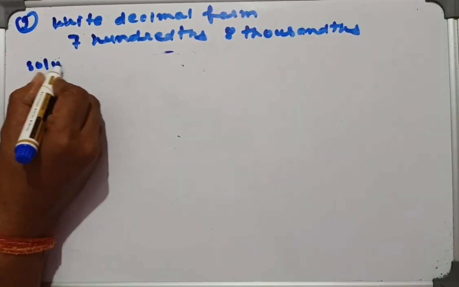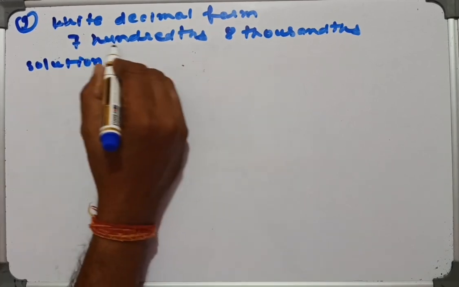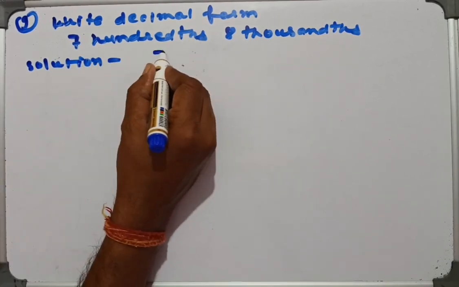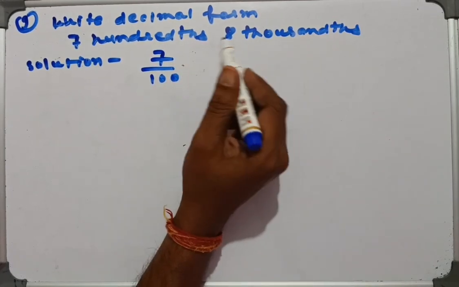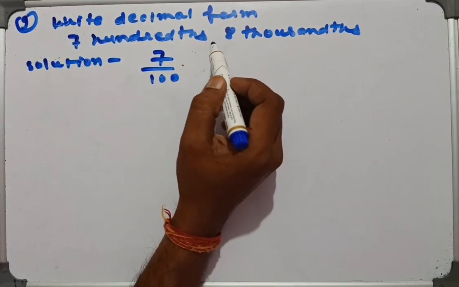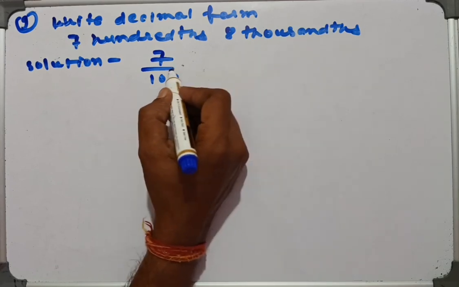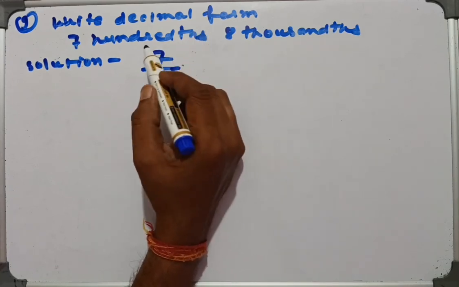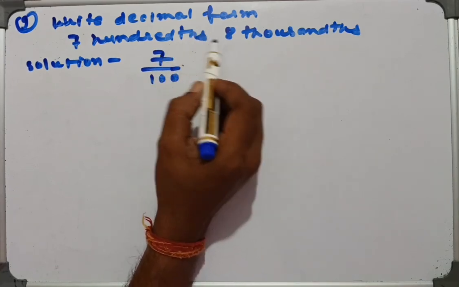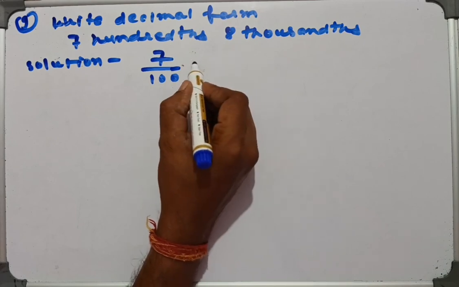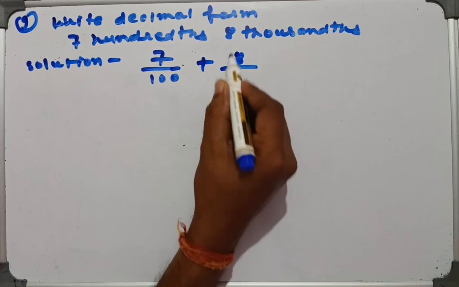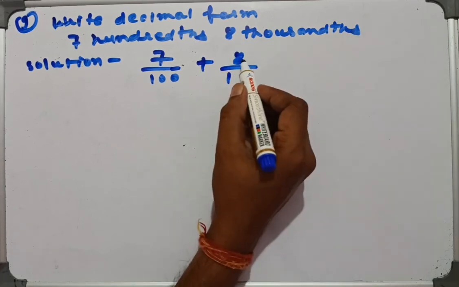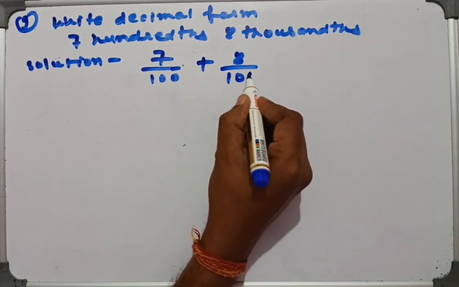Solution: 700 means 7 by 100. Nothing is said about addition or subtraction, so when the question is written like this, you have to add both. The other one is 8 by 1,000.